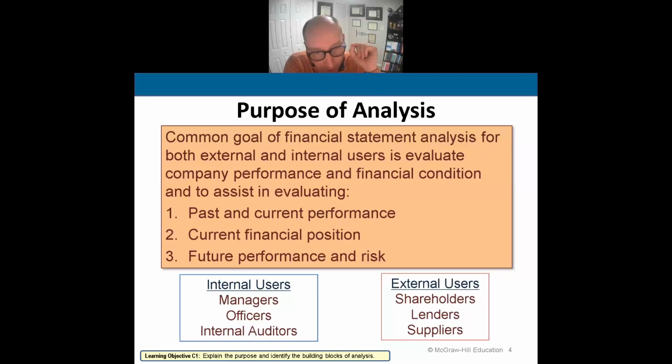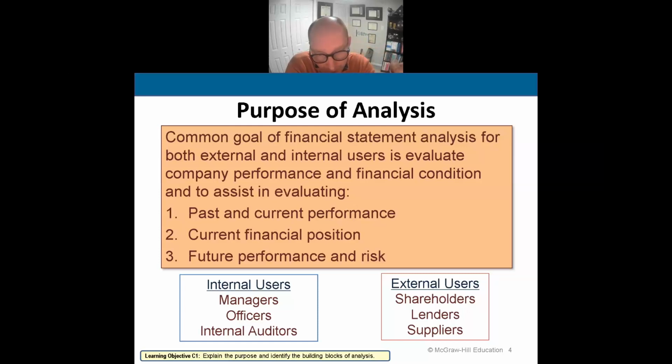Also, as a manager, I look at things like future performance and risk. The way we can look into the future is by looking at the current and past financial statements, so we can plan for the future. We can budget for the future.